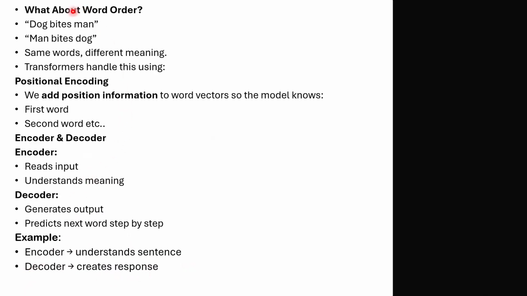Moving to the next topic, what about word order? Here we take two sentences: dog bites man, man bites dog. Can I say these two sentences have the same meaning?